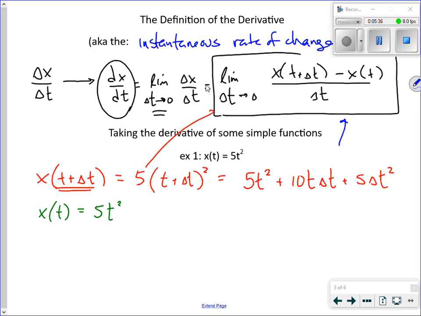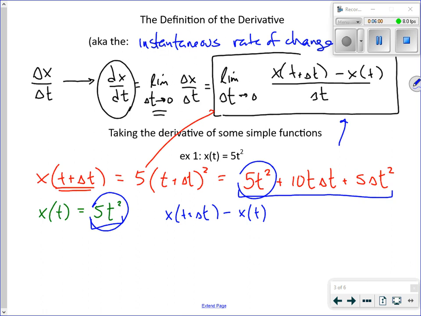So our delta x, which is x at t plus delta t minus x at t, well, we do this minus this. And those common 5t squared terms subtract away, and what we get is 10t delta t plus 5 delta t squared.